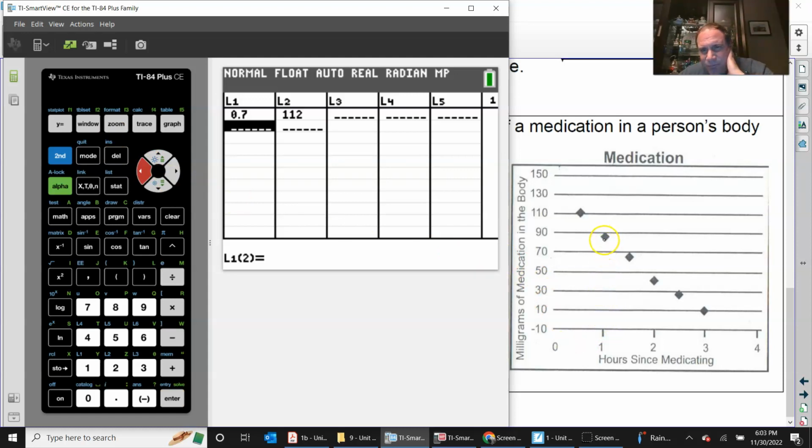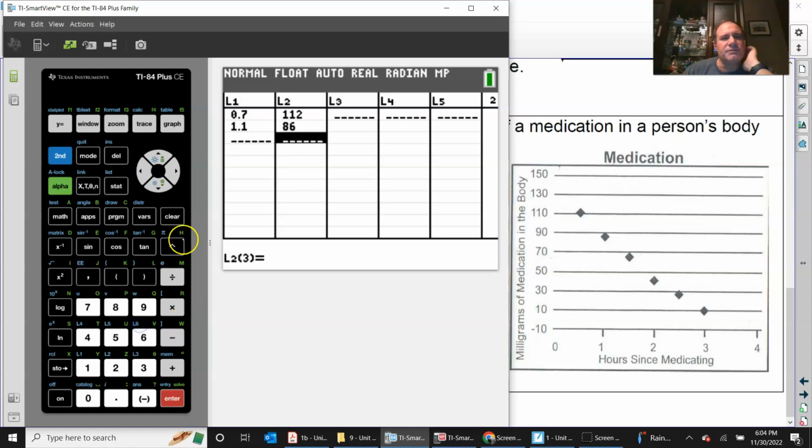I could even say it's 1.1, let's say. And it's 86. So this is 1.1. Enter. That's the x. The y is 86.